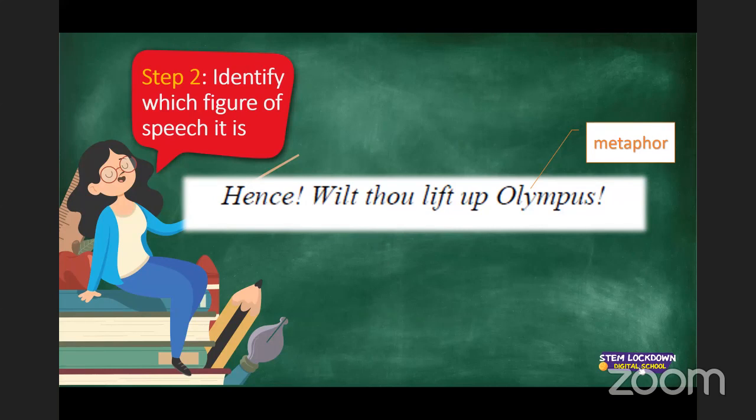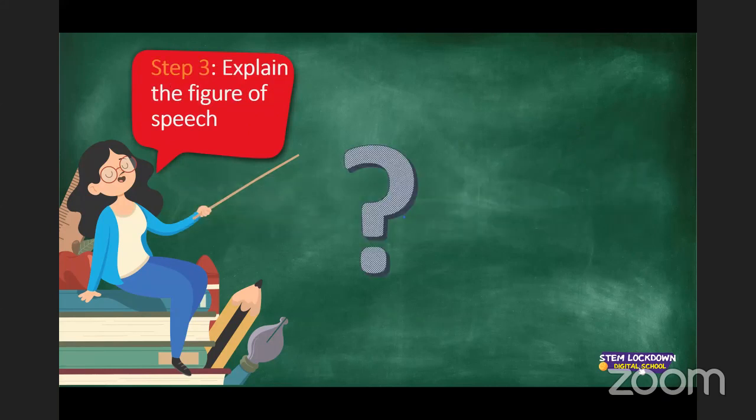Okay, so let's explain that. Here, Caesar closely identifies himself with Olympus. Olympus is the mountain home of the gods in Greek mythology. So he is saying that in the same way that Olympus cannot be lifted, he too cannot be moved.